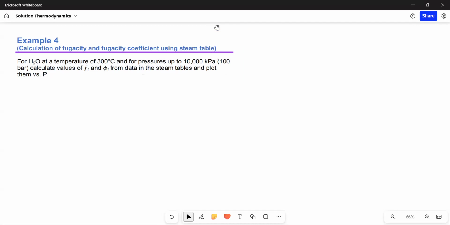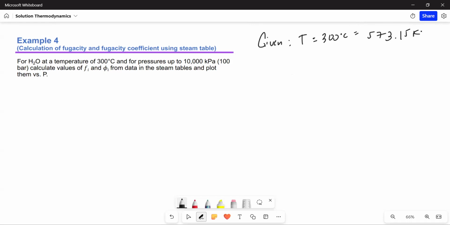All right. Let's begin by writing the given in the problem, although it's very short. Given in the problem is the temperature at 300 degrees Celsius, or converting to Kelvin, 573.15 Kelvin, and pressures up to 10,000 kilopascals.